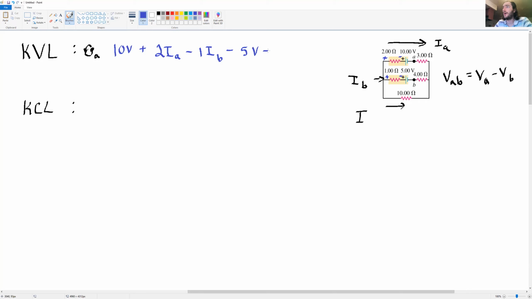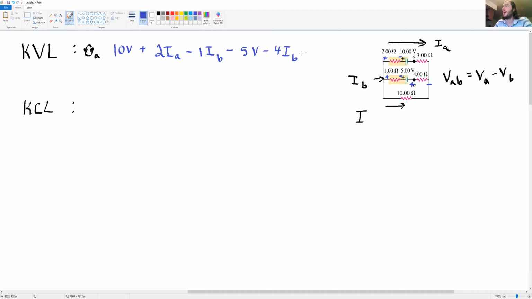And so we go across the 4 ohm resistor, so minus 4 times IB. Let me draw in that polarity there. It's plus on this side, minus on this side. Maybe let's do it in a way where it doesn't cover up the 4, so maybe down here.